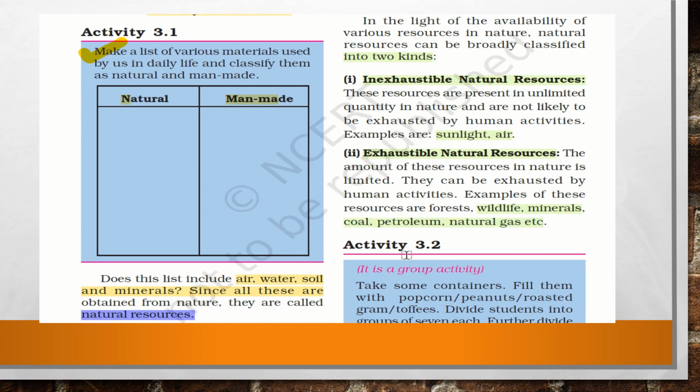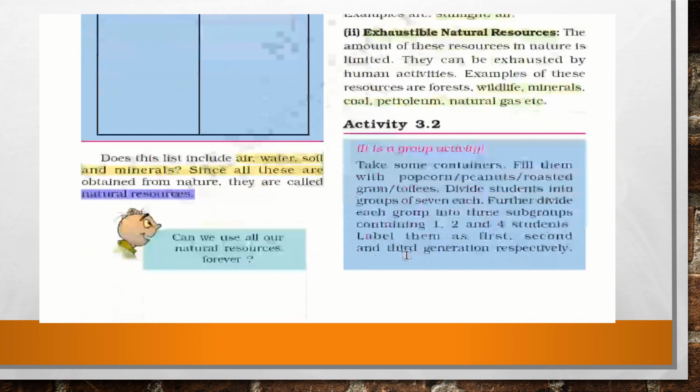Now you can do a group activity with a few friends. Take some containers and fill them with popcorn, peanuts or roasted grams and toffees. Divide that into groups of 7 each, and further divide each group into 3 subgroups containing 1, 2, 3, 4 students.